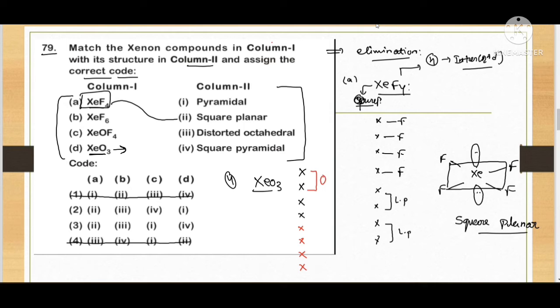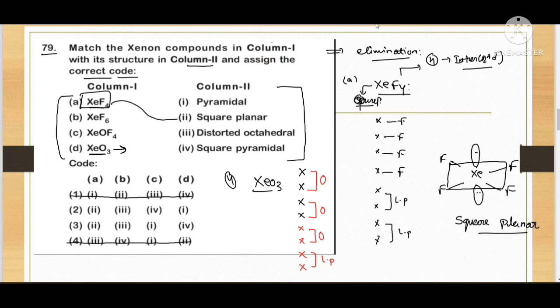Here 3 oxygens are present, that means 6 electrons are required to form double bonds with oxygens. 2 electrons are used to form one double bond with oxygen, these 2 electrons for another, and these 2 for the third. So the remaining 2 electrons are a lone pair.